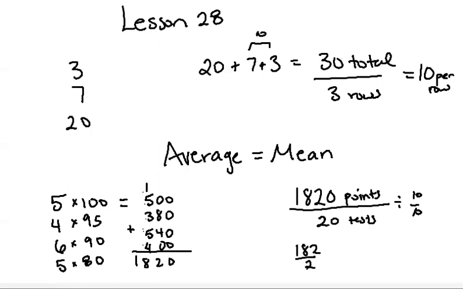So now we just cut 182 in half. So the 2 and the 2 is 1, and the 18 divided by 2 is going to be 9. So his mean score is a 91. So in this case, we had to do some multiplying, then adding, then dividing.